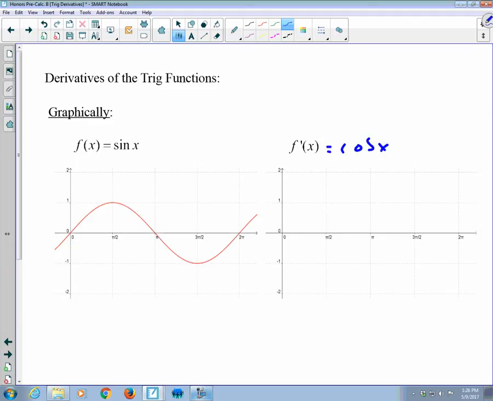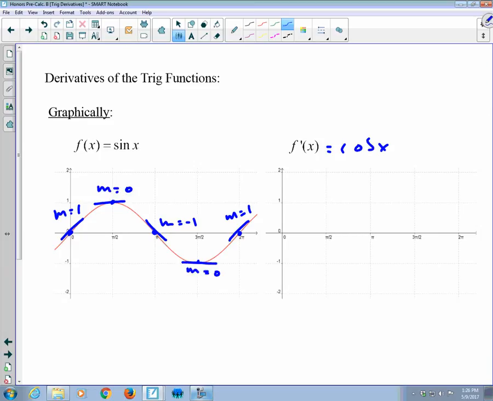So right here, what we said when we were doing this was that the slope of the sine wave at the equilibriums was +1 and -1. And we saw, of course, that the slope at the max and the min was 0.